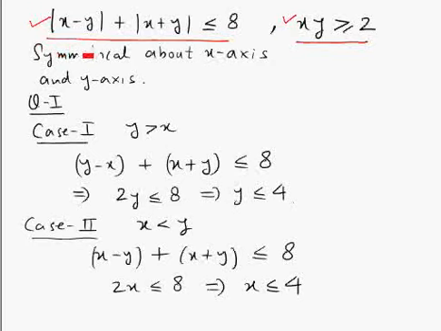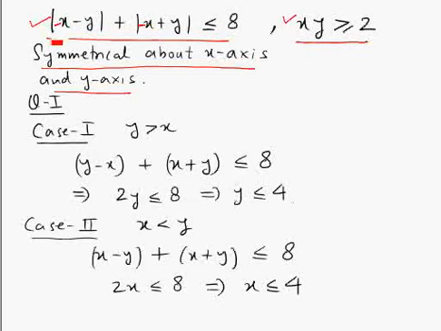Now to plot the area bounded by this inequality, first of all we observe that whatever area is represented by this inequality would be symmetrical about both the x-axis and the y-axis. And this is because you can see, if I replace x by minus x in this inequality, I change this to minus x, and I change this to minus x.